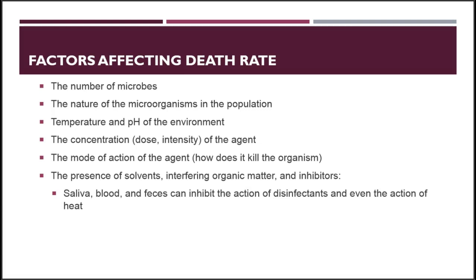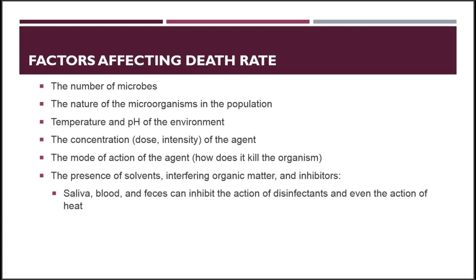The temperature and pH of the environment are going to affect the death rate, because we learned again in chapter 6, temperature and pH have a huge effect on microbial growth. So that's going to affect death rate as well. The concentration, we're talking about the dose and the intensity of the chemical agent that's being used.